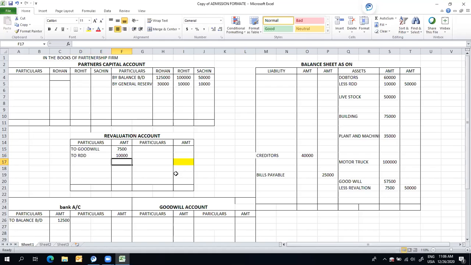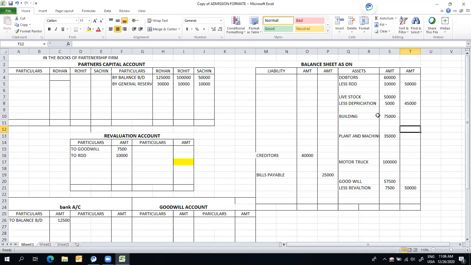Livestock 45,000. It was 50,000 earlier. Now it became 45,000. So it must have depreciated by 5,000. Less depreciation. So 50,000, 5,000, 45,000.